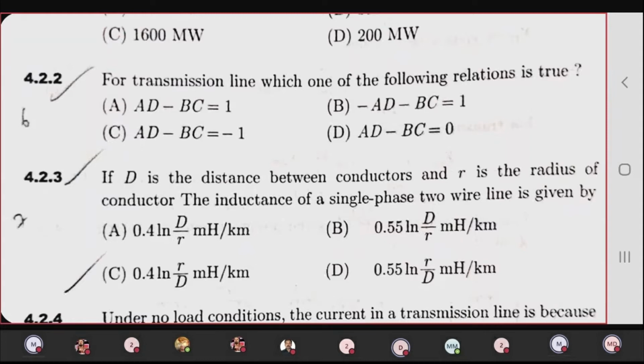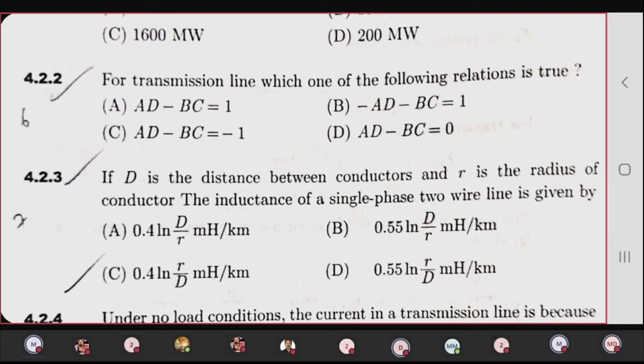A is 0.4 ln D by r millihenry per kilometer. Option B is 0.55 ln D by r millihenry per kilometer. Option C is 0.4 ln r by D millihenry per kilometer. And option D is 0.55 ln r by D millihenry per kilometer.